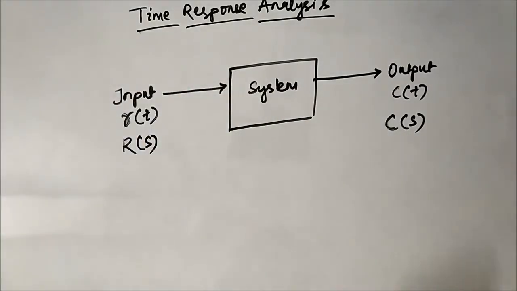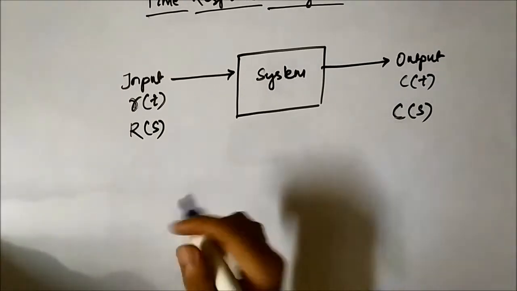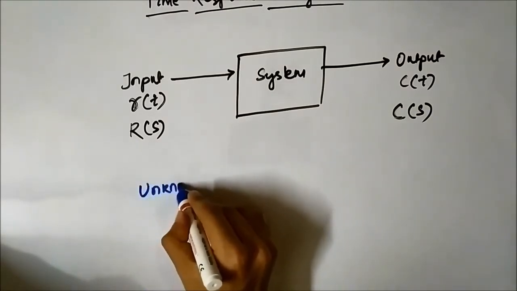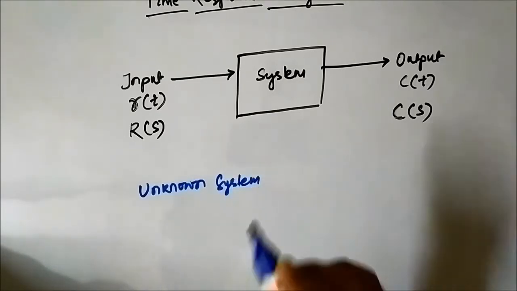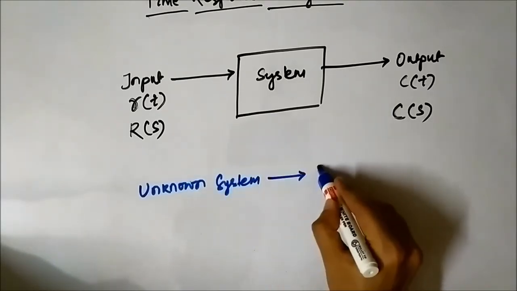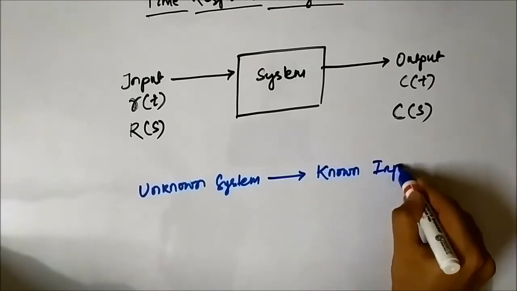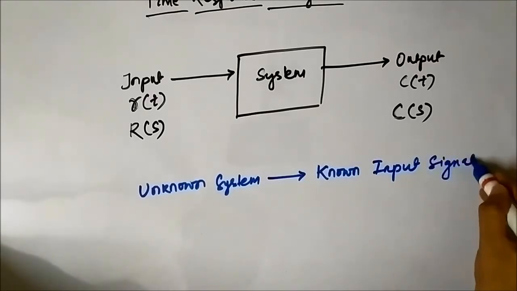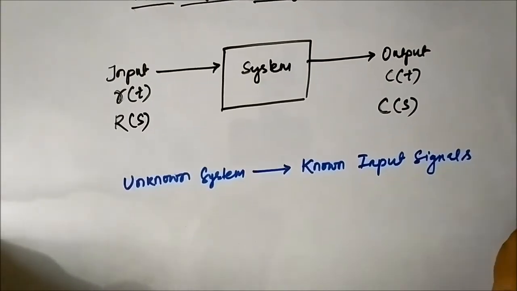So how is it analyzed? What is done is that to the unknown system, some known input signals are given, whose characteristics are known.